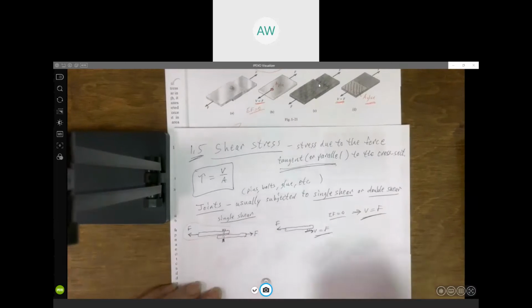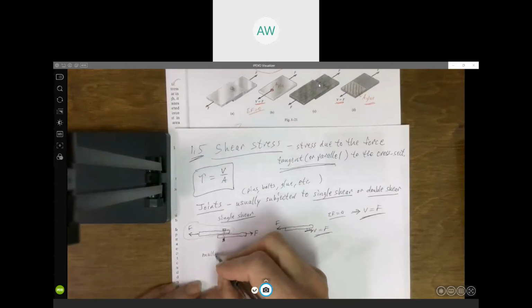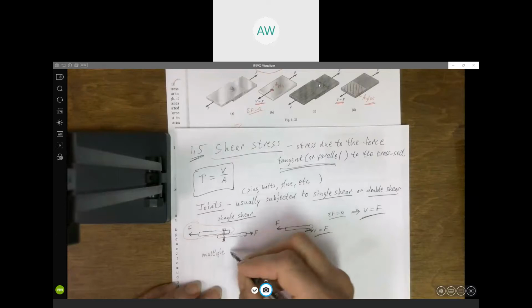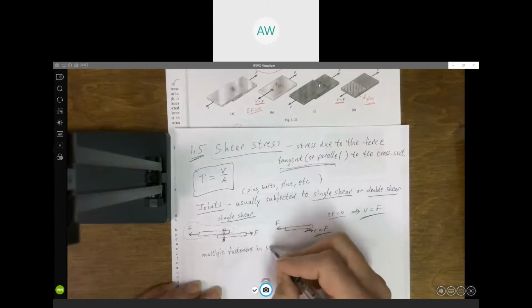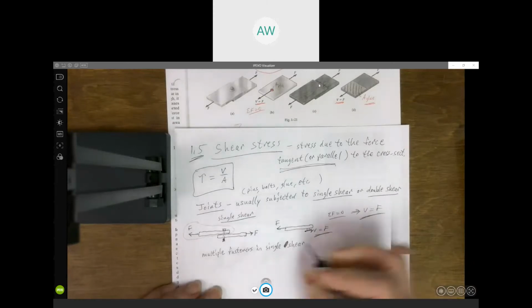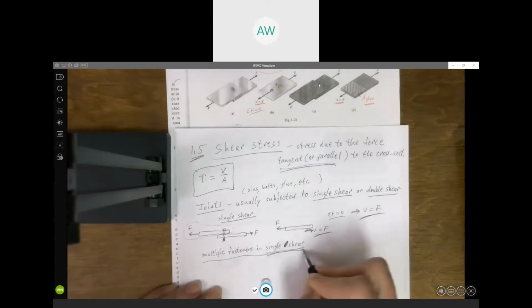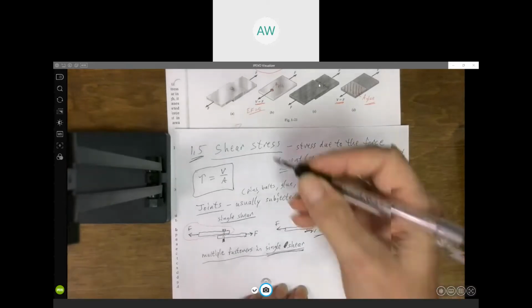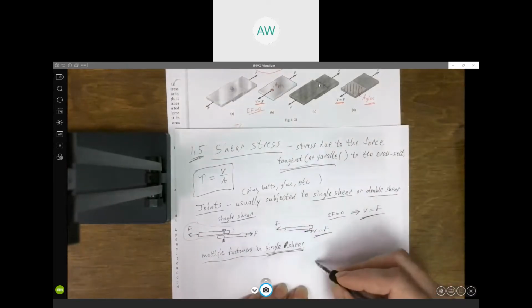Now you could have multiple, say, fasteners in single shear. So don't confuse what we're going to talk about in just a second between single shear and double shear. Go back to kind of the 3D example there.